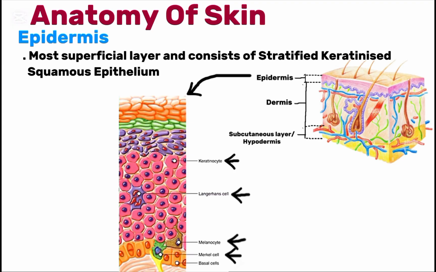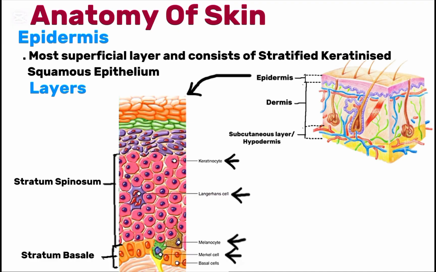These cells are arranged in the layers of the epidermis, and the epidermis has five layers. The deepest layer is the stratum basale or germinative layer, where cells are continuously produced through mitosis. Next to this basal layer is the stratum spinosum. Next to stratum spinosum is the granular layer, that is stratum granulosum.